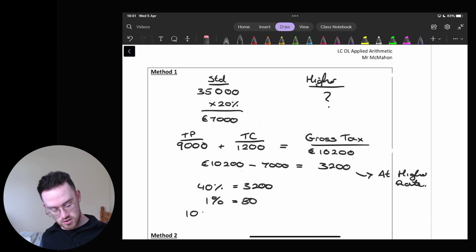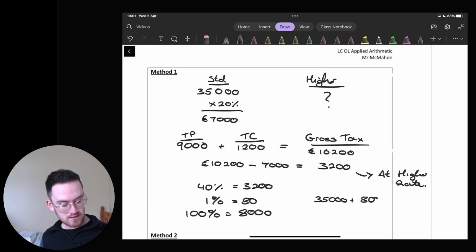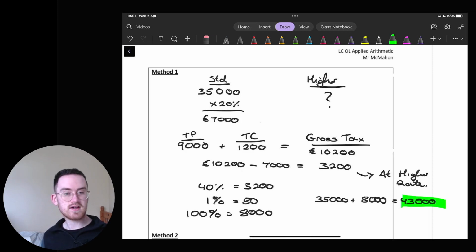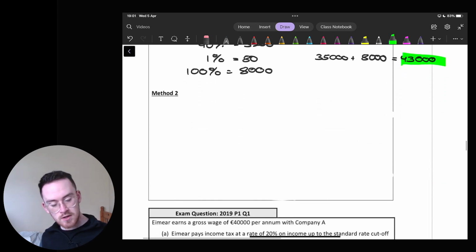So 100% is 8,000. So what that means for us all together is that she pays the 35,000 at the standard rate, the 8,000 at her higher rate of tax, which means that she has a total gross income of 43,000.